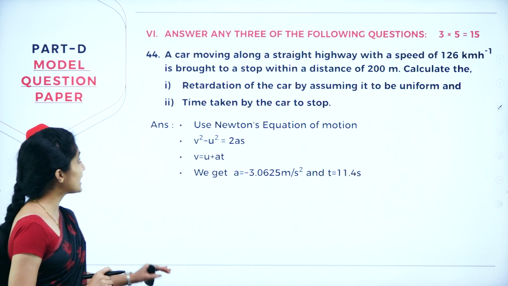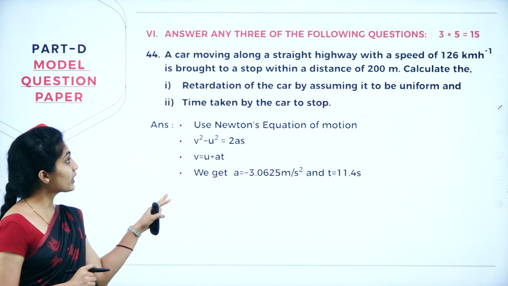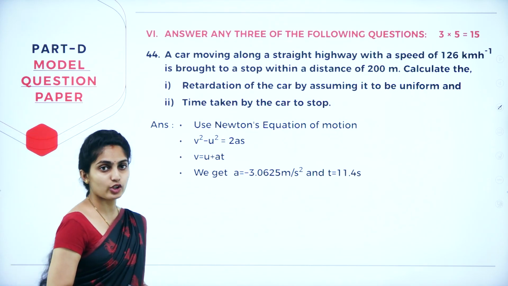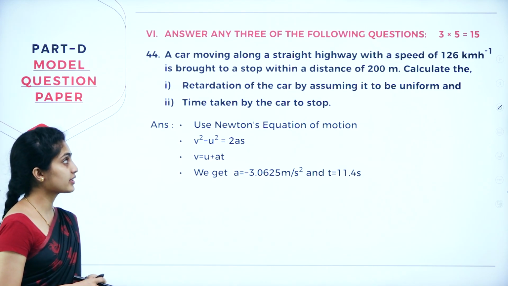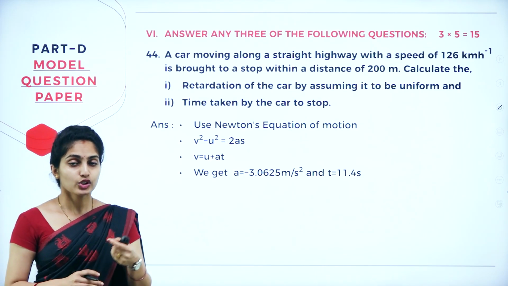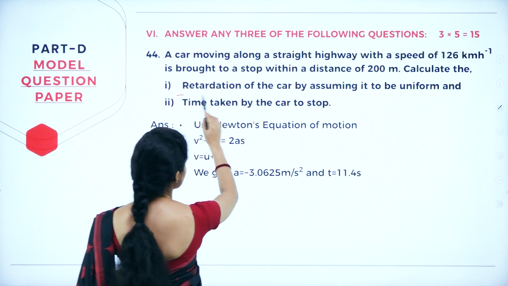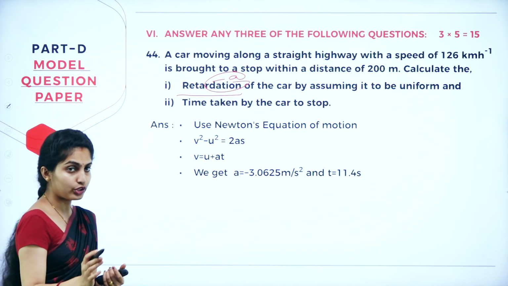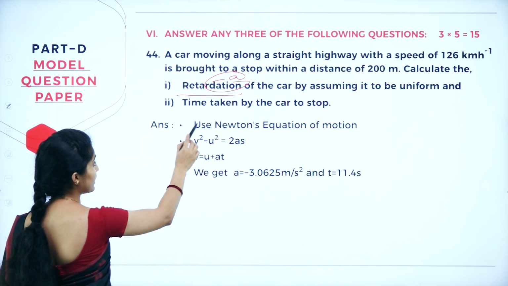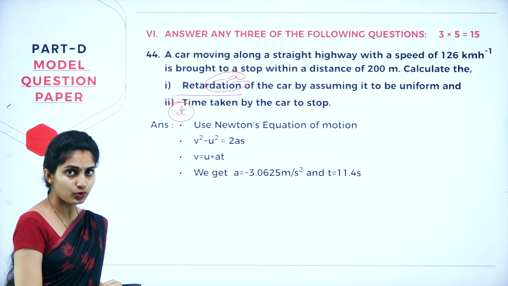Okay. So it's like a car moving along a straight highway with a speed of 126 km per hour is brought to a stop within a distance of 200 meters. What are we supposed to calculate? The retardation of the car, that is the negative acceleration, assuming it to be uniform, and we have to calculate the time taken, that is t, by the car to stop.